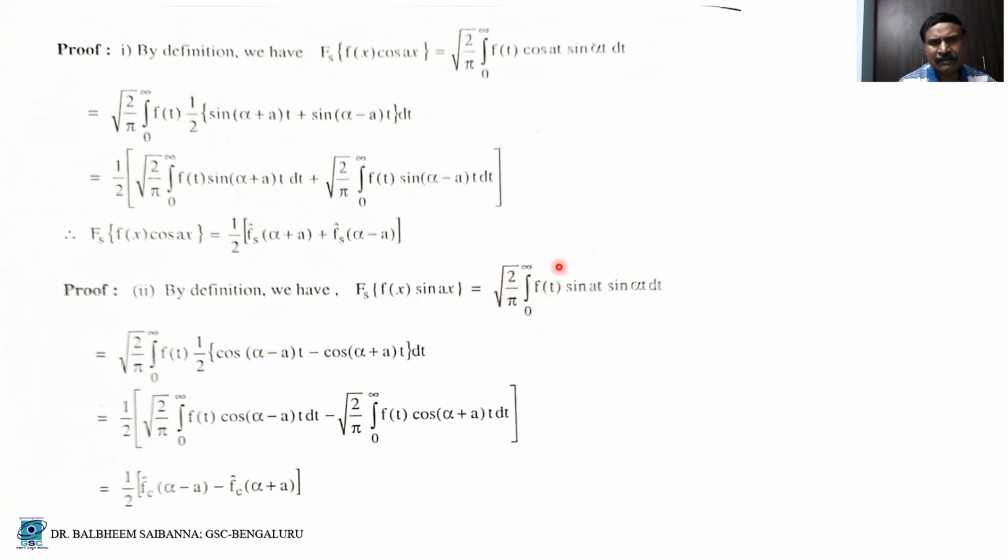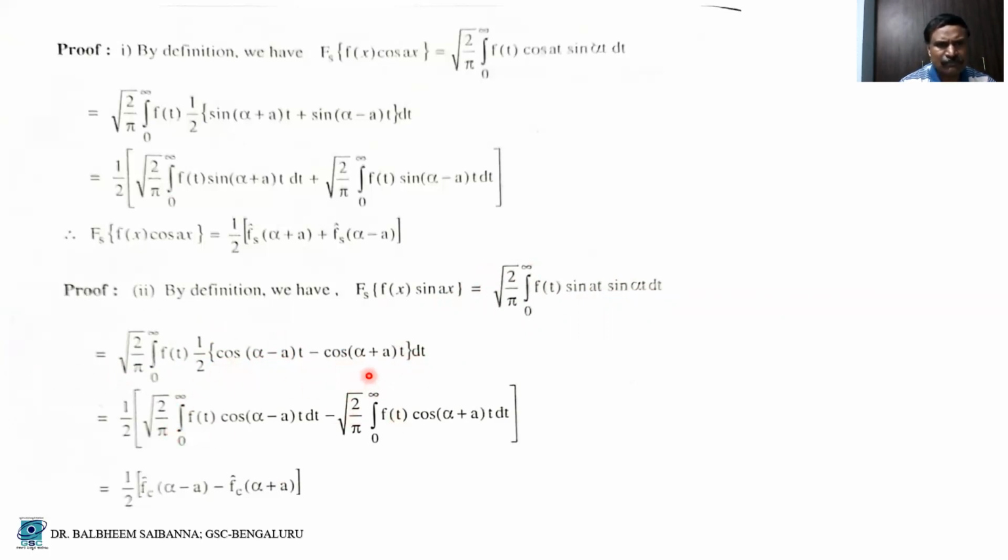This is the definition of the sine transform. Again the sin A sin B formula: sin at sin alpha t is in the form of sin A sin B. Using the trigonometric formulas, sin A sin B can be written as 1 by 2 of cos(A minus B) minus cos(A plus B), that is, 1 by 2 of cos(alpha minus a)t minus cos(alpha plus a)t.